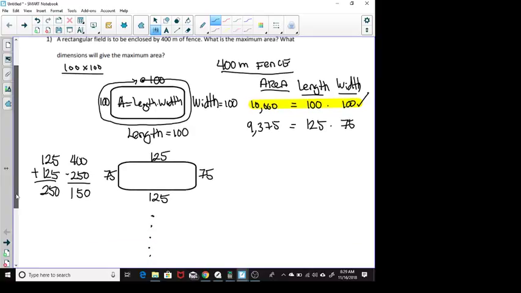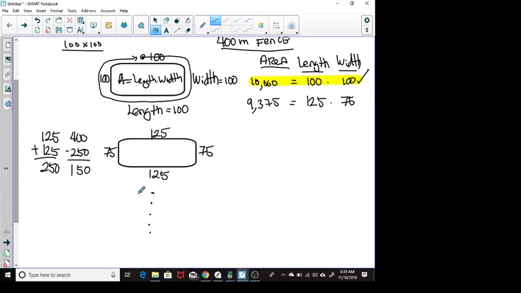You can try different ones. I will ask you in the test to try at least 3 or 4. You will see a pattern. You will see that it's going down, it's not going up. You can try as many as you want, and you will realize.